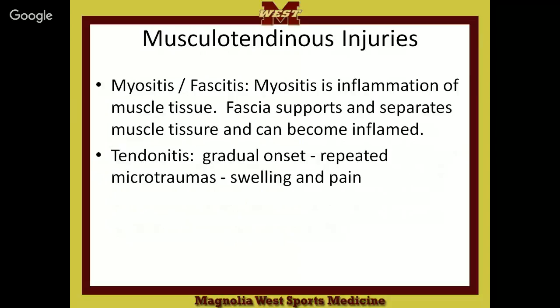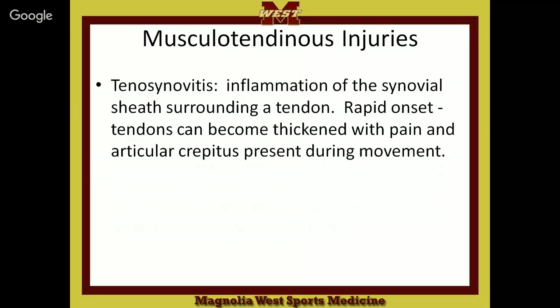Their micro traumas are not nearly as significant as the starting pitcher's. But if we do this over and over, we're going to get tendinitis. And if we ignore the pitchers that end up with tendinitis, then we have a serious problem. So tendinitis is inflammation of the tendon, has gradual onset, and it's repeated micro traumas.